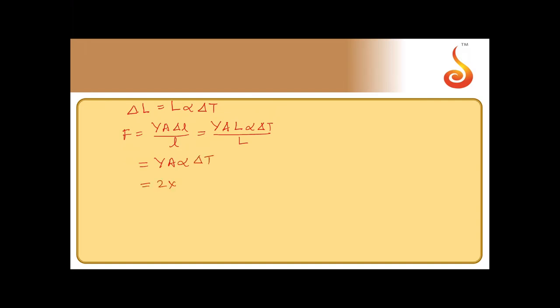Y is 2 into 10 to the power 11. Area of cross section is 10 power minus 6. Alpha is 1.1 into 10 power minus 5. And change in temperature is 20. So, that gives you, so 10 powers get cancelled. So, 2.2 into 20. So, that will give you 44 Newton.